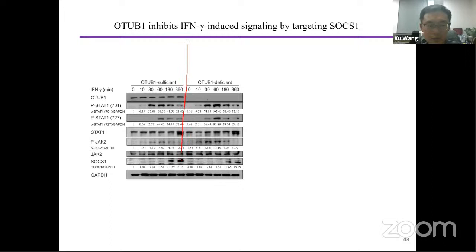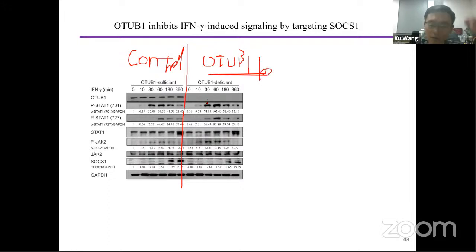so we can split this membrane into two halves. This side is control astrocytes, and this side is OTUB1 knockout. We can see from this membrane that OTUB1 is deleted in OTUB1 knockout astrocytes.